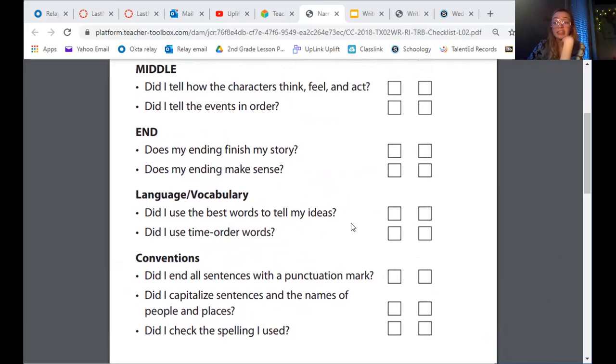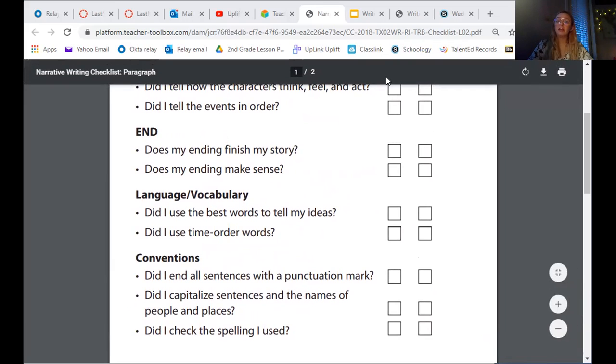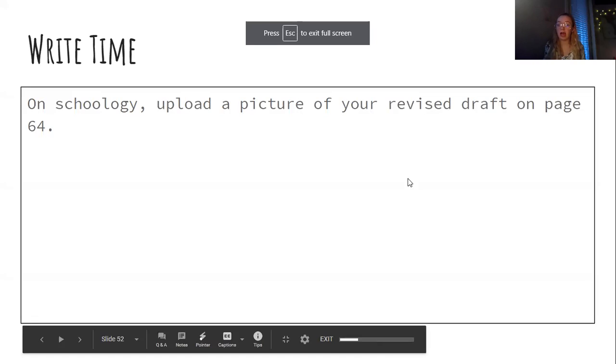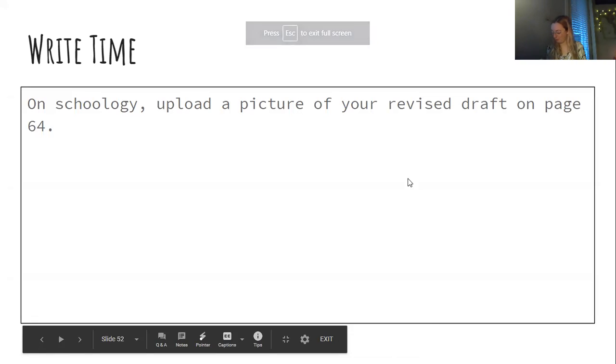Okay, so that's it for our checklist. I just want to make sure that you guys have gone back in page 64 and revised everything, make it the best you can. And for our write time today, for our Schoology assignment, I want you to upload a picture of your revised draft on page 64.